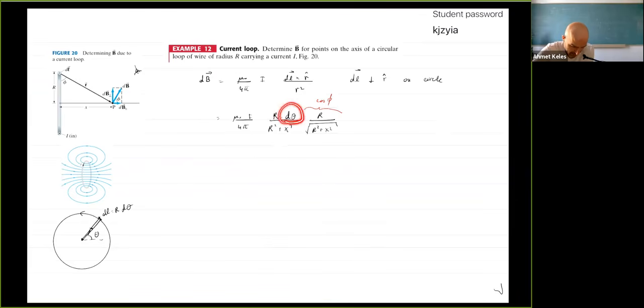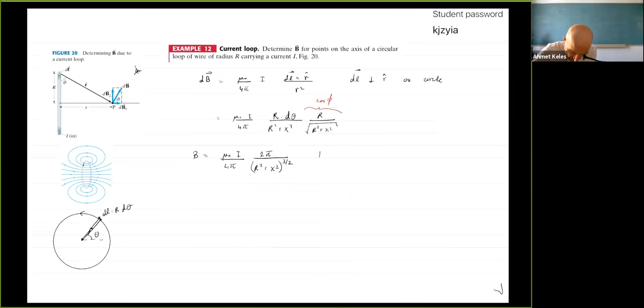So we can take this integral. So B is equal to mu 0 I over 4 pi. This is going to be 2 pi coming from the integral. And this is R squared plus X squared to the power 3/2.